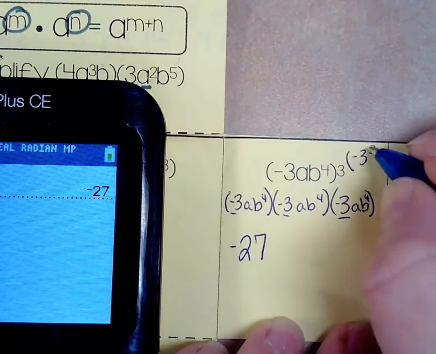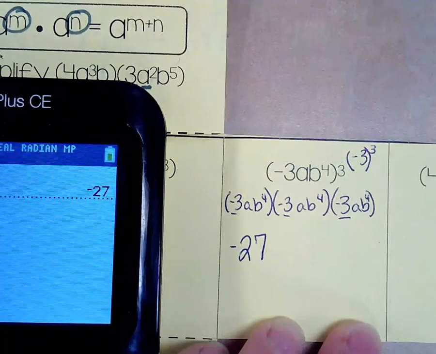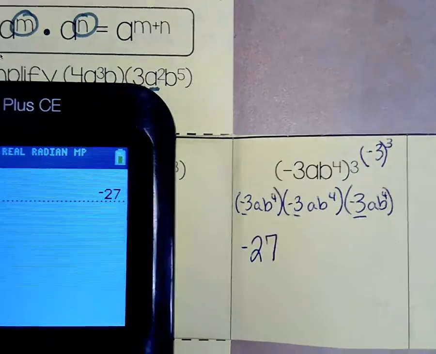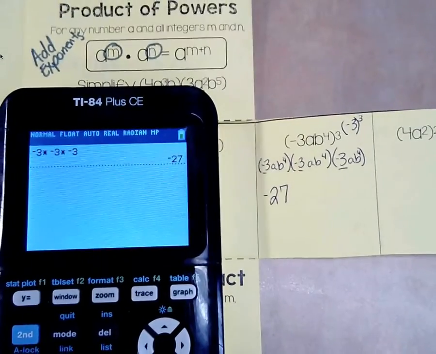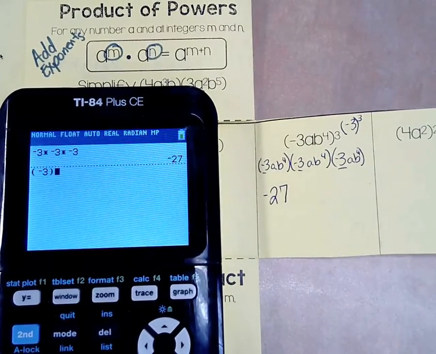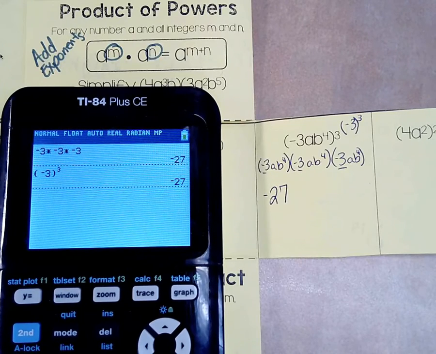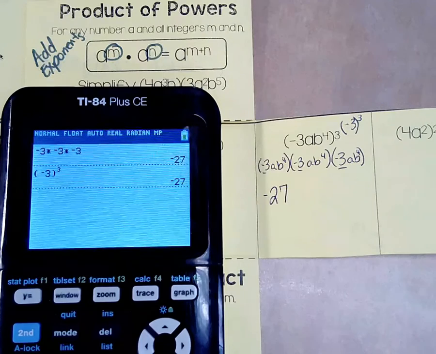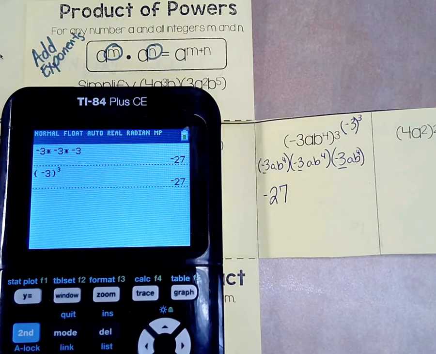So you got to put it in parentheses like that whenever you put it into the calculator. So put in parentheses, negative 3 raised to the 3rd power. The negatives and exponents, they're really tricky. So that's why you want to keep parentheses around your constant, whatever that number is.